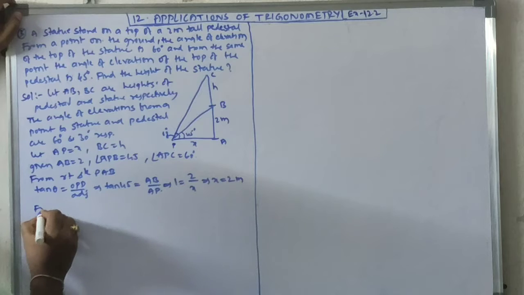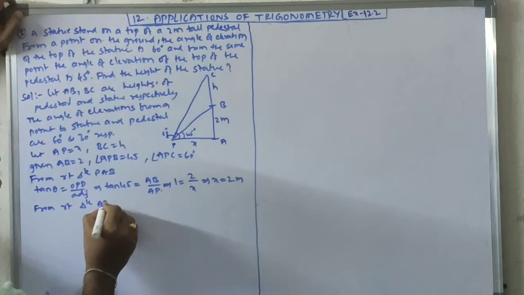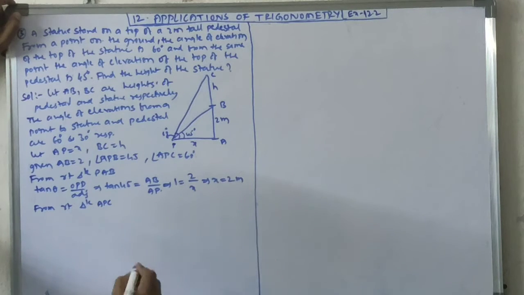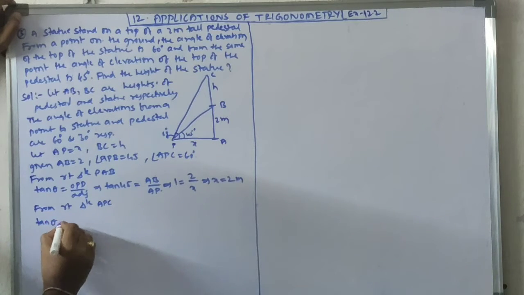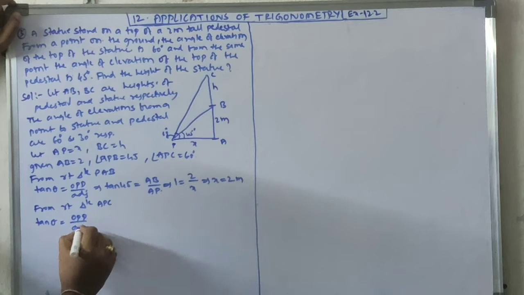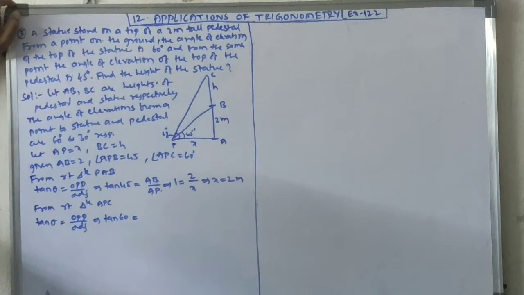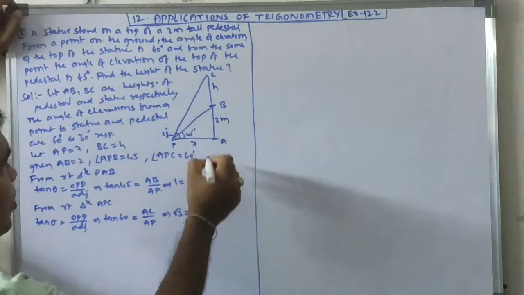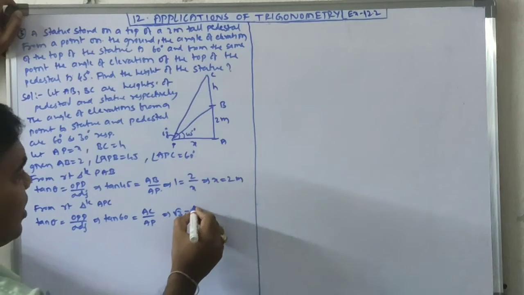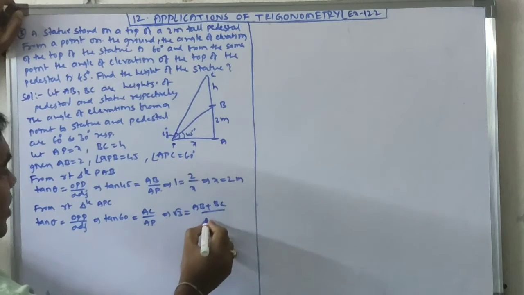Next, from right triangle APC. Again this is opposite, this is adjacent. Tan theta equals opposite by adjacent, so tan 60 equal to AC by AP. Tan 60 is root 3. AC equal to AB plus BC, by AP.